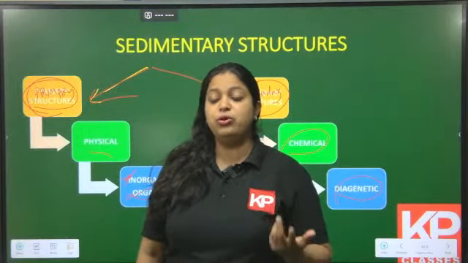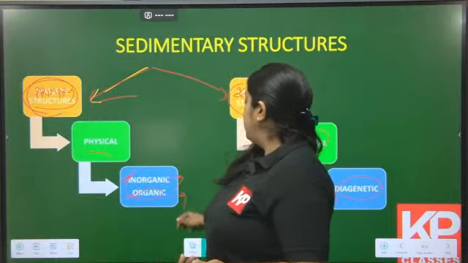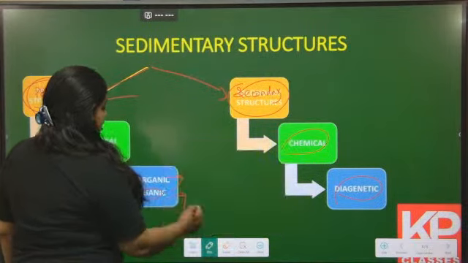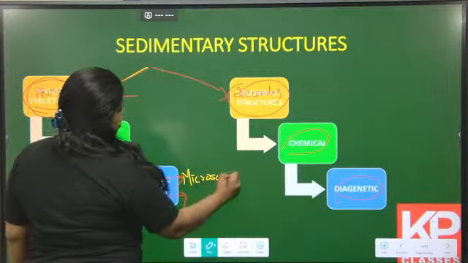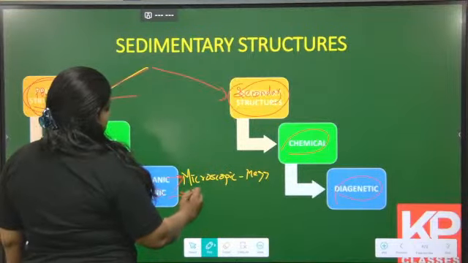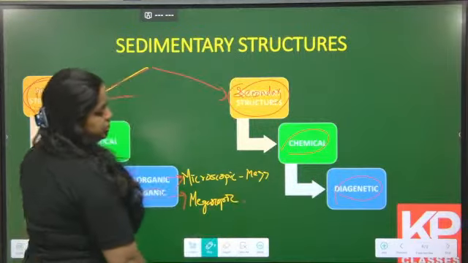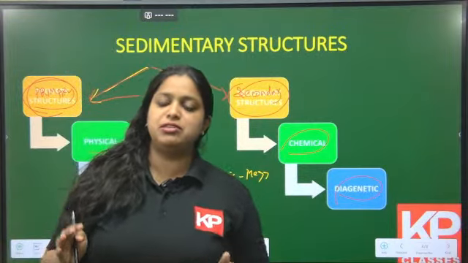I can write that inorganic sedimentary structures are usually microscopic to megascopic, whereas organic ones are megascopic in dimension. Okay, so this is about the classification of sedimentary structures.